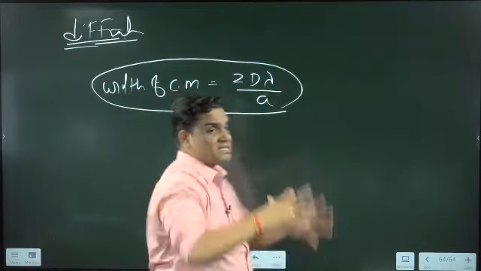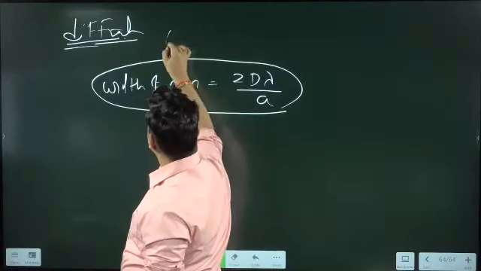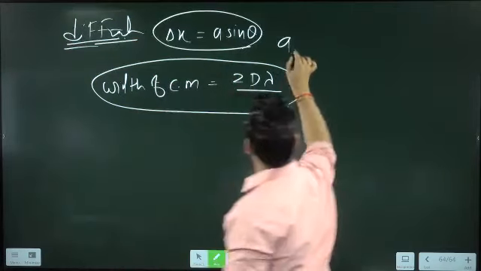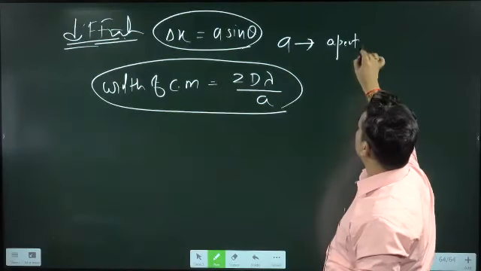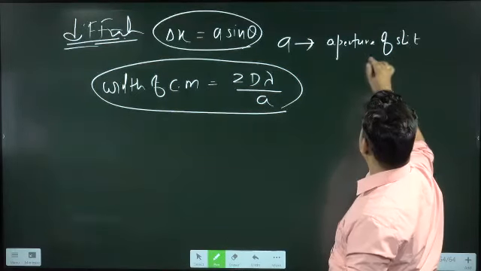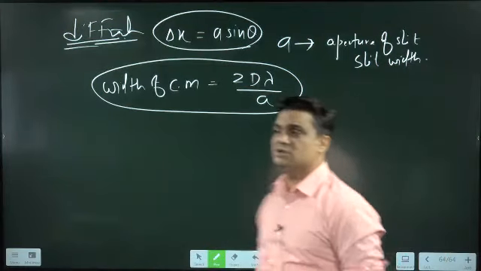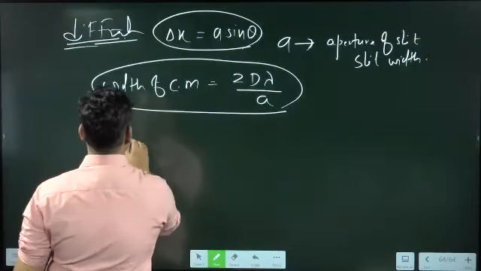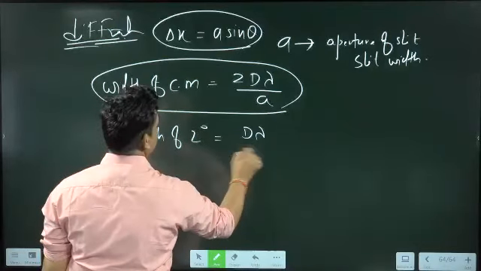The central maxima is wider than others, and here your delta x will be equal to a sine theta, where a is your aperture, or slit width, anything. Aperture they can say, or they can say slit width here. The width of the secondary maxima will be D lambda by a.